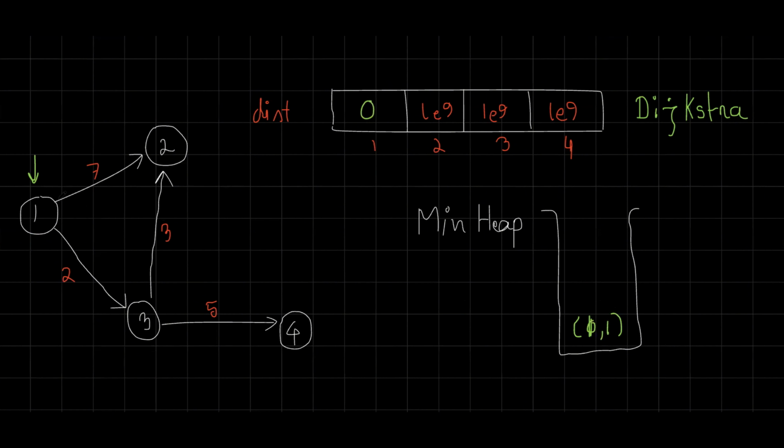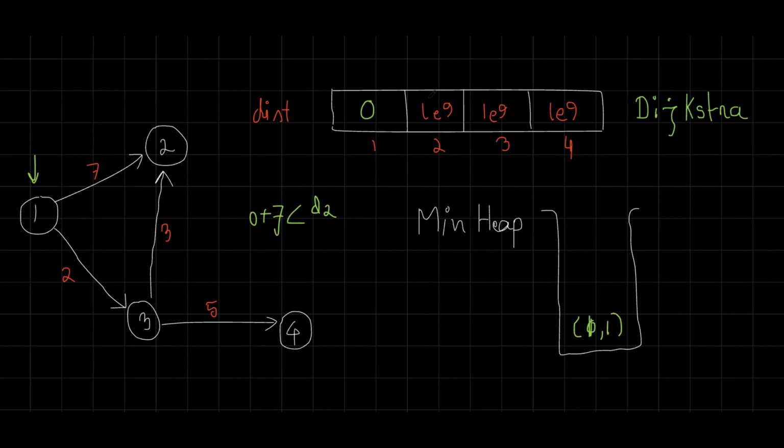So from node 1, we can reach node 2 and node 3. So let's try to reach node 2. Here we will check whether the distance of 1 plus the weight, which is 7, is less than the distance of 2 or not.